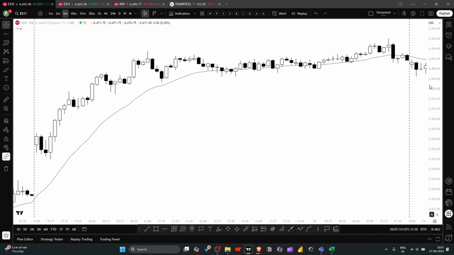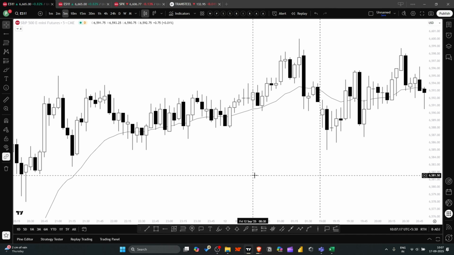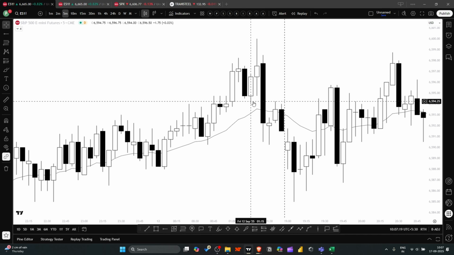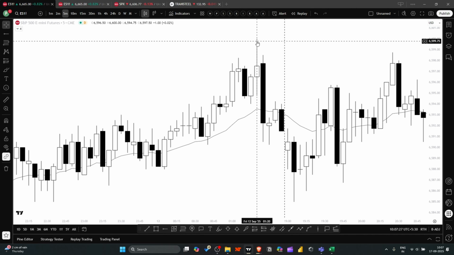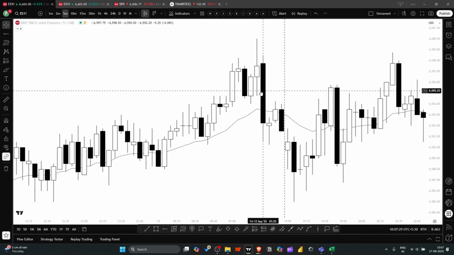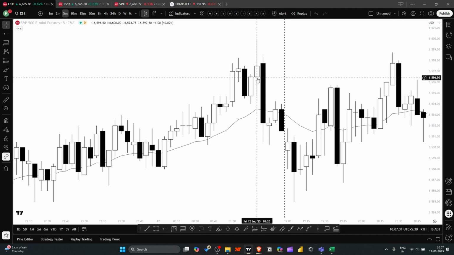Which bar is that? Okay, this is a bull candle. Next bar went above the high of this bar. For a reversal bar, we want a bear body. That means the open of the candle should be higher than the close of the candle.